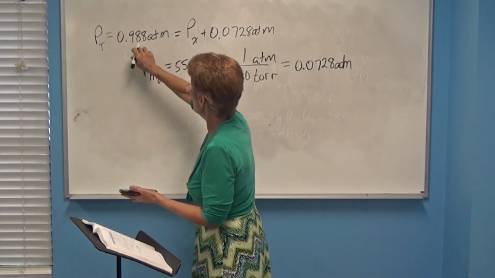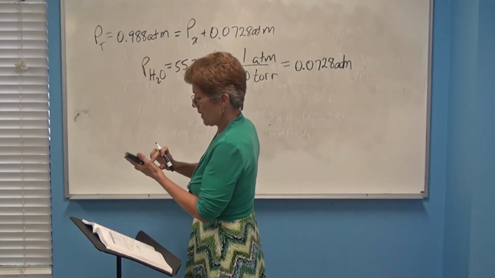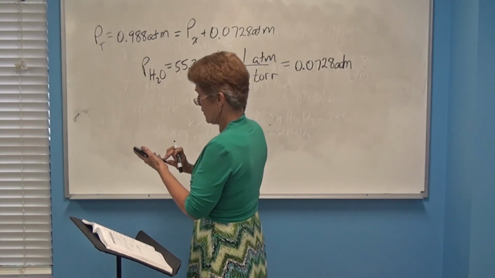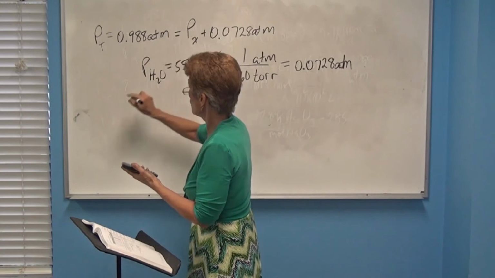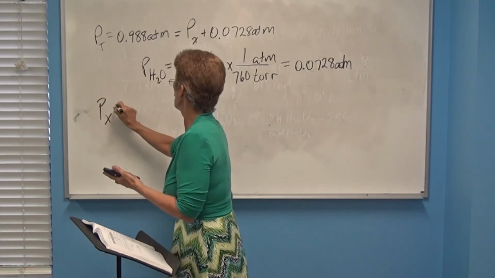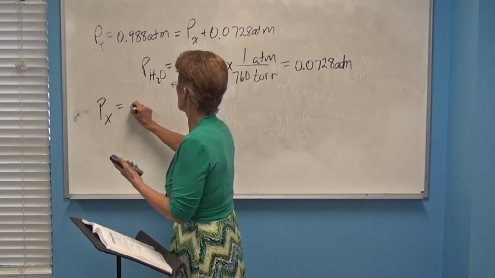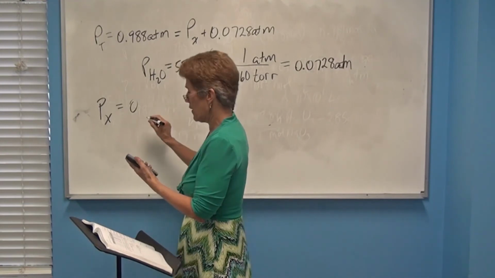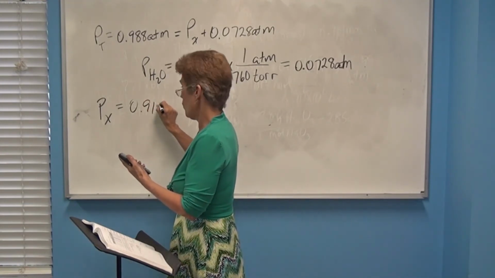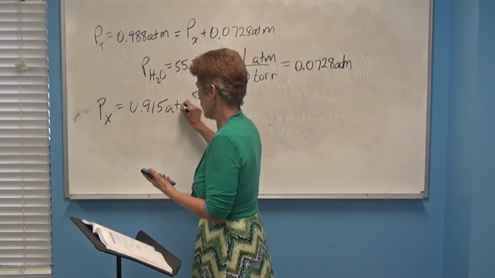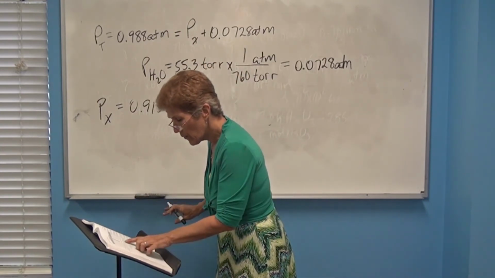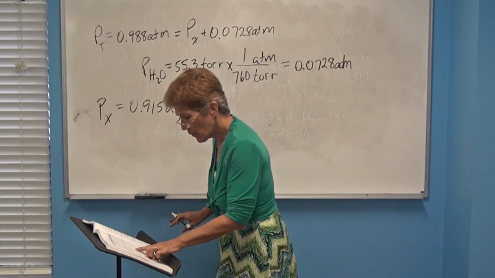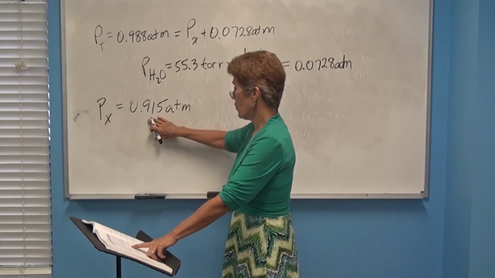And so now I can go 0.988 minus 0.0728 atmospheres, and that gives me the partial pressure of the gas we're looking for, which in 3 significant figures is 0.915 atmospheres. Okay. And that's what we were looking for.